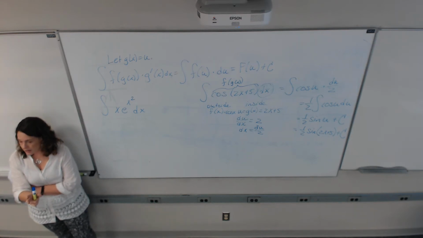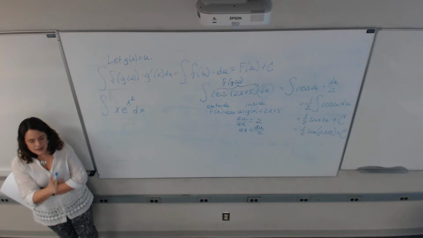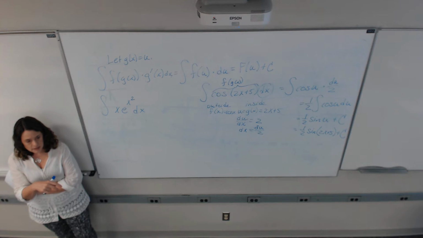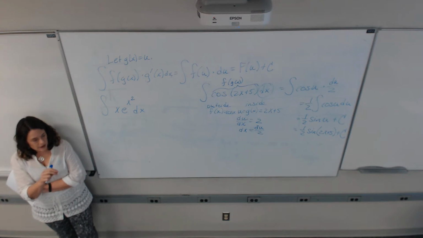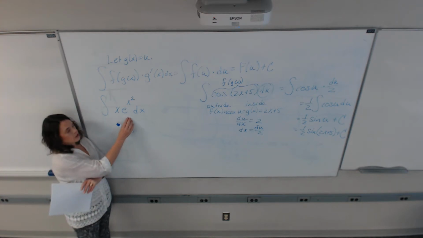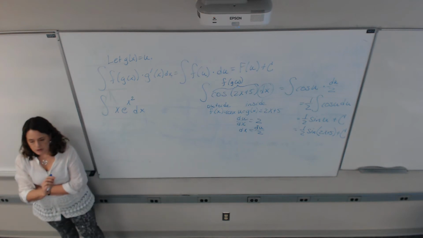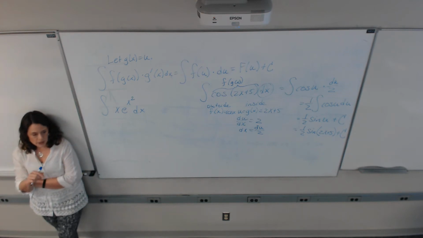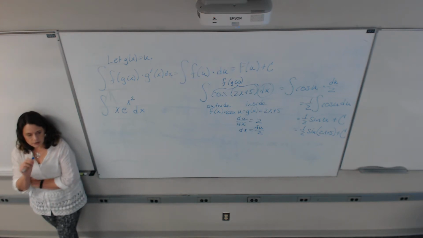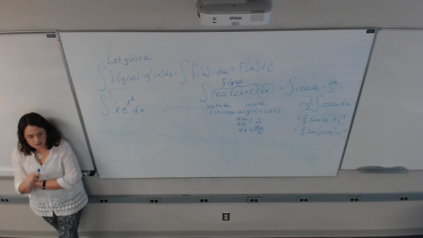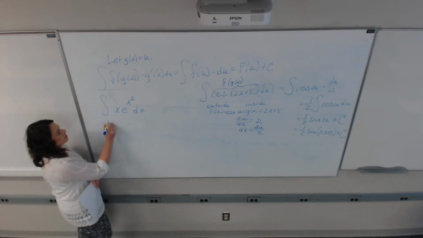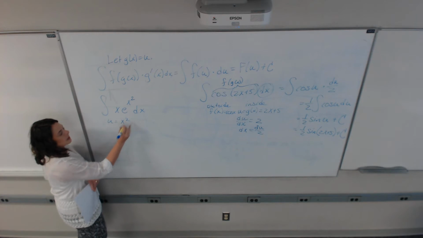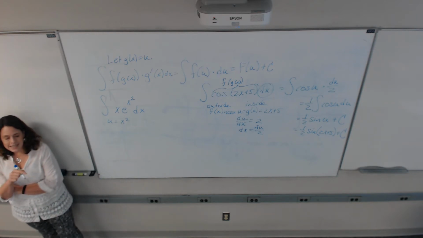There's no way that I'm going to be able to work this because that's not composition, that's multiplication. It's a product. But hang on, the main thing here is the e to the power. What would u be if you were just looking at e to the power? X squared. So if I let u be x squared, what would my du be?